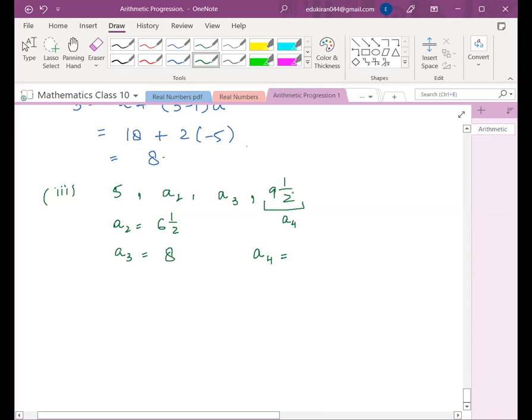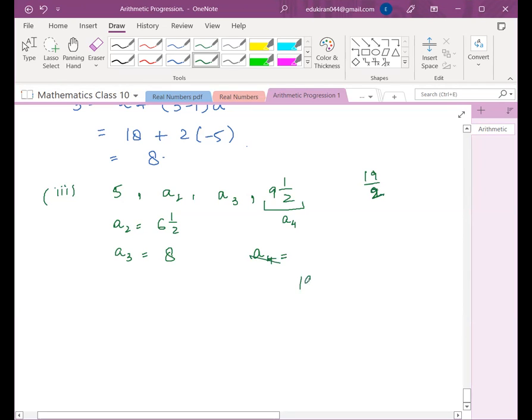I converted it into improper fraction. Then I used A4 equals 19 by 2, right? Yes. After that, 5 plus bracket 4 minus 1 bracket close d is equal to 19 by 2. Yes, okay, fine. 19 by 2. Then d is equal to 3 by 2.